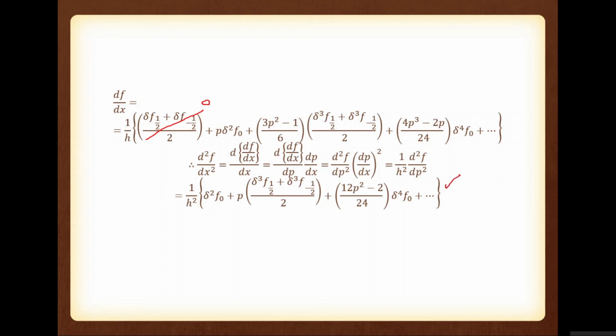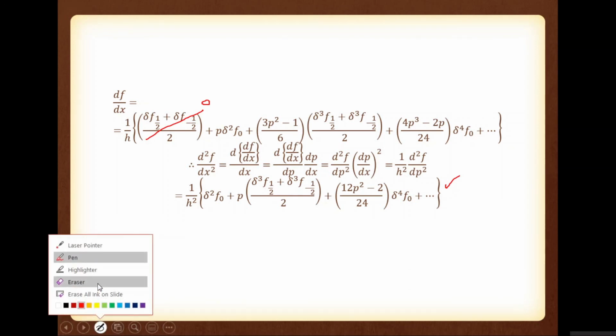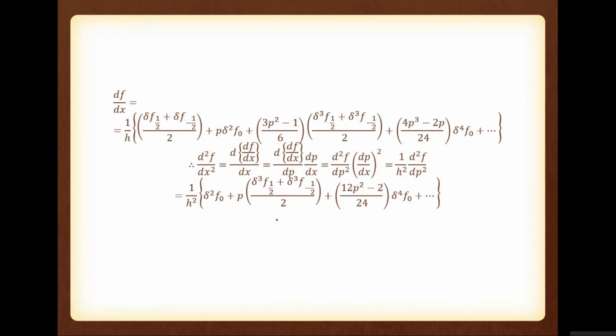Please note down this equation. d square f by dx square is equal to 1 by h square into delta square f0 plus p into delta cube f1 by 2 plus delta cube f minus 1 by 2 divided by 2 plus 12p square minus 2 divided by 24 into delta raised to 4 f0. So note down this equation. Now here, what is the value of p? p equal to 0. So as p equal to 0, this entire term will become 0.